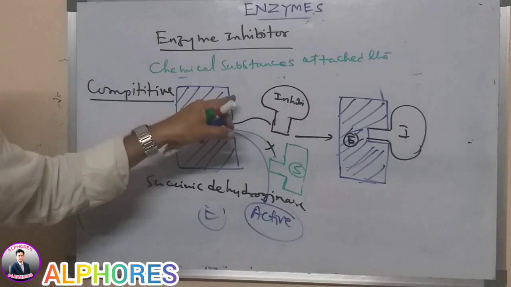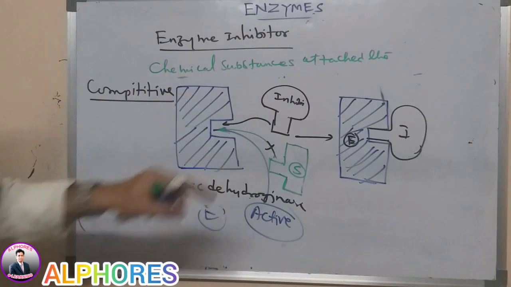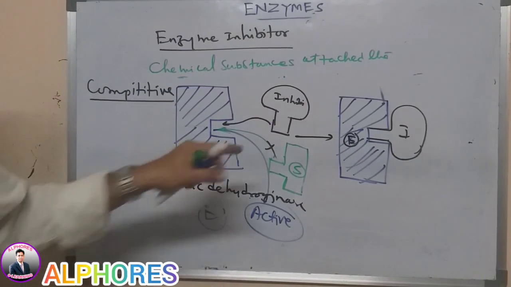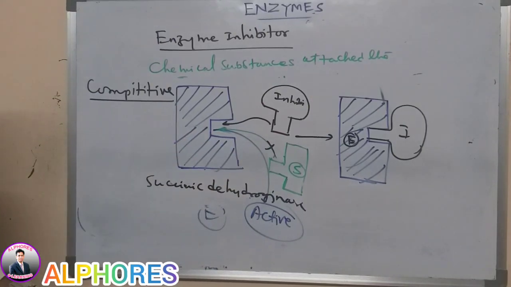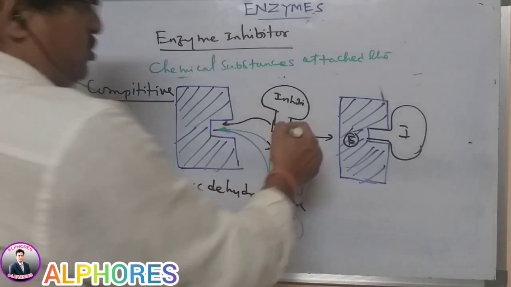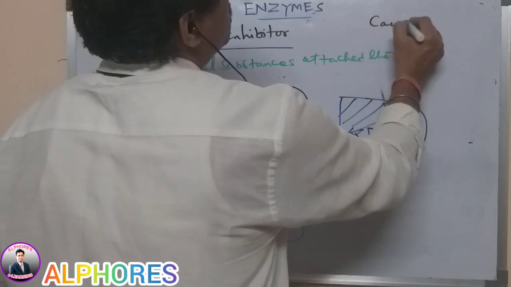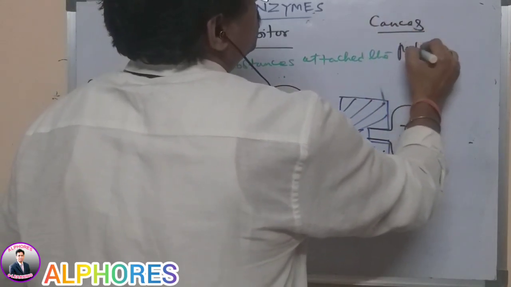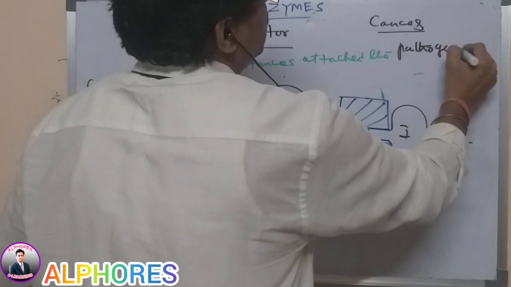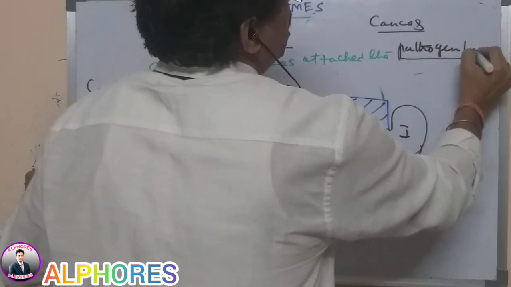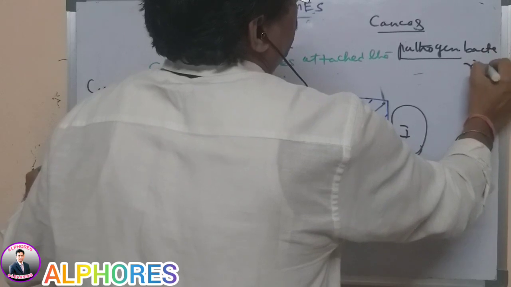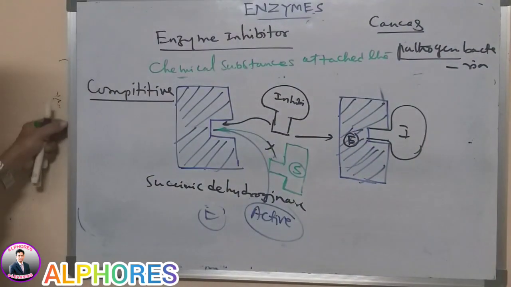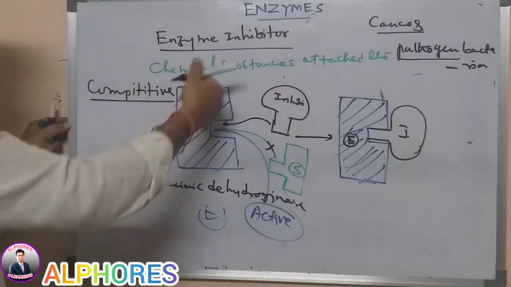Such competitive inhibitors are also useful for us, particularly in treating cancer. This mechanism is used in cancer treatment, and also in controlling pathogens such as bacteria. Pathogenic bacteria can be controlled by preparing medicines using the competitive inhibitor technique.